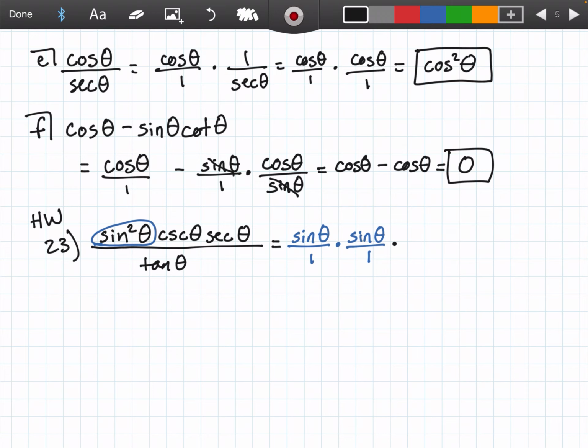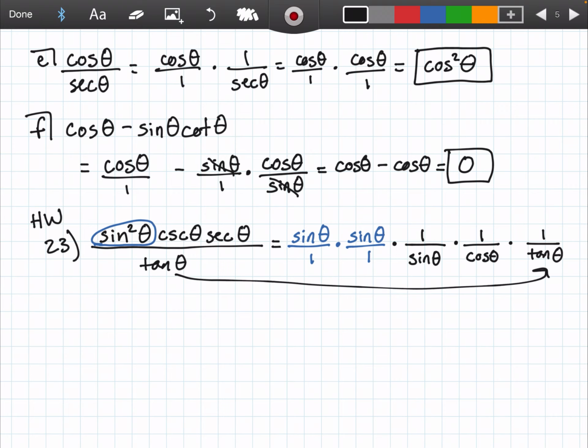Okay, cosecant theta, that's the same as 1 over sine. Secant theta is 1 over cosine. And now I'm going to separate this tangent out here. That's where that's coming from.